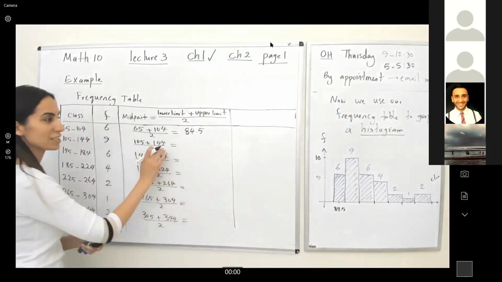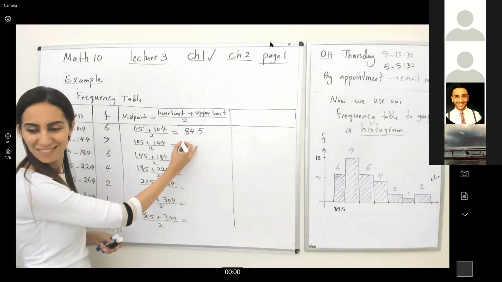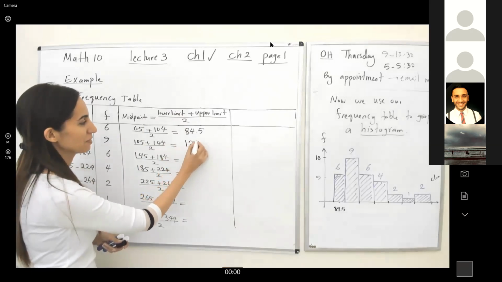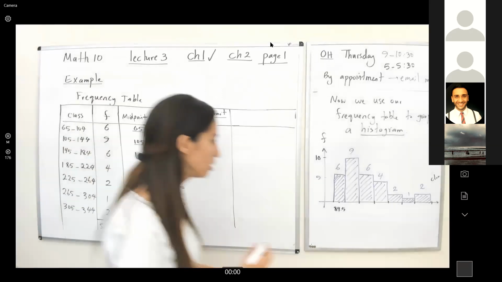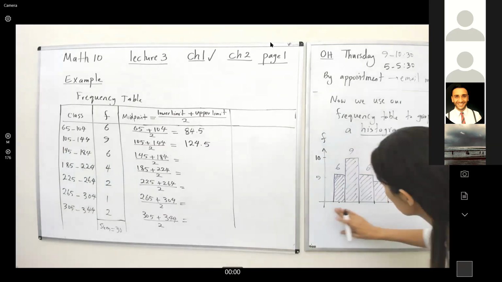What's the midpoint of the second class? 124.5. Thank you. So the representative of the second class is 124.5.